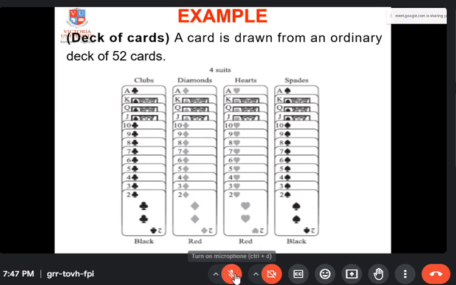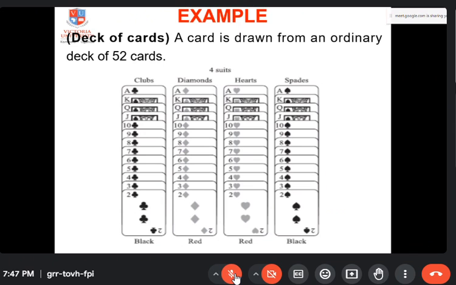There are how many? 12 out of 52. I think there are 12 out of 52.